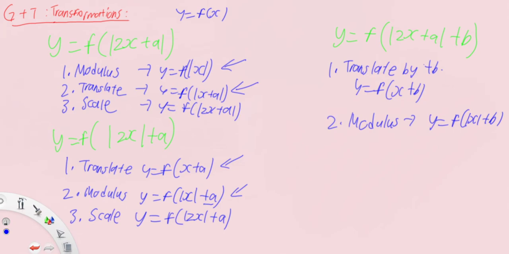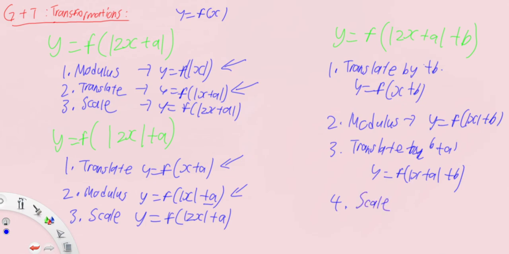From here, you translate again by plus a, or rather minus a, but it's the same thing. Just say translate plus a. You then have y equals f(|x + a| + b) on the outside. Then lastly, we just need to scale. With scale factor 2, you then get y equals f(|2x + a| + b).